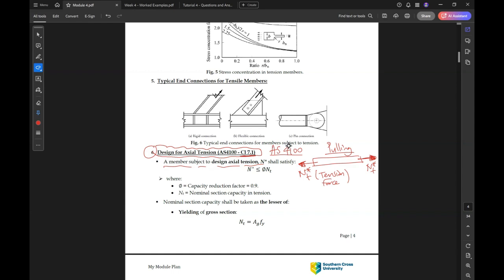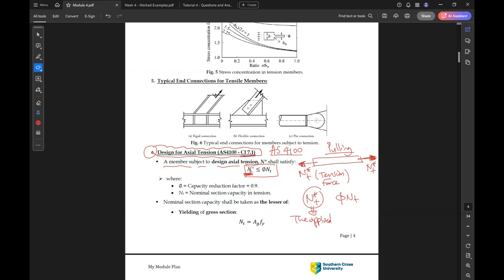To design the member, we need to satisfy this condition, which is N star, or NT star, less than or equal to phi NT. So we have two parts: NT star, and another term, phi NT. NT star is the applied force or the applied tension, because this will be important for other types of member as well.